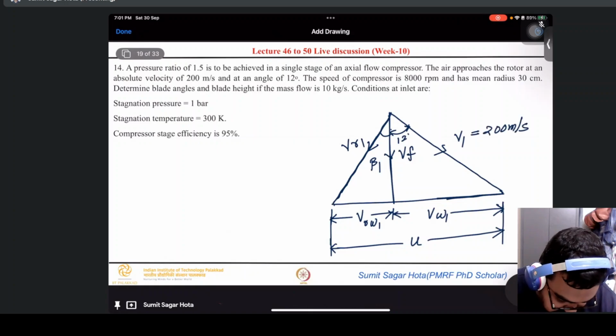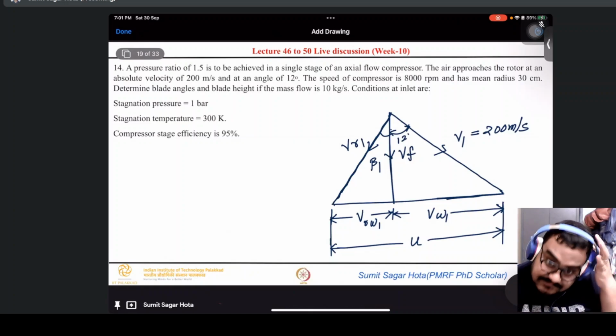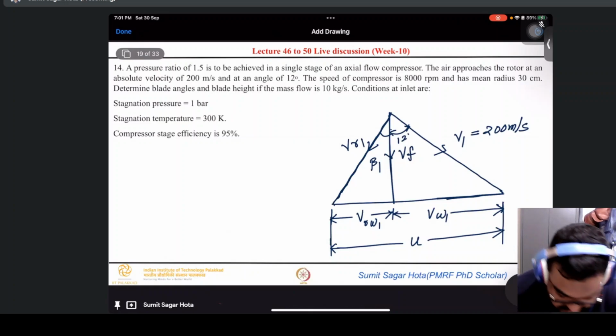BF, BW1, B1, everything is given. So now, what is blade speed?